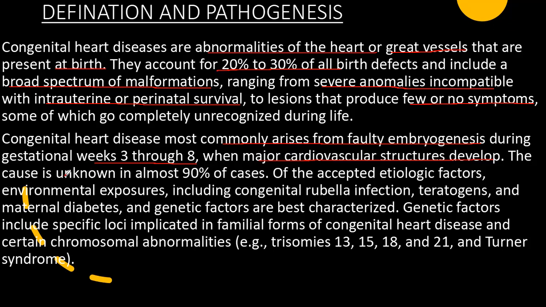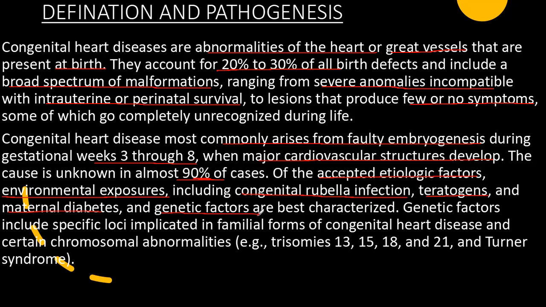Now, in most cases, the cause is unknown. Up to 90%, the cause is unknown, but the accepted etiologic factors include environmental exposures, including congenital rubella infection caused by the rubella virus, teratogens, also maternal diabetes, and genetic factors.